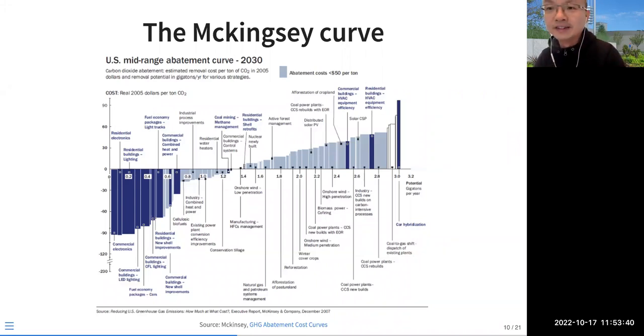So that's the new developments of how we really see the evolution of our policy developments or ideas, right? So think about the question: what's the problem of a McKinsey curve? Yes, we know the cost, but can we really do it?